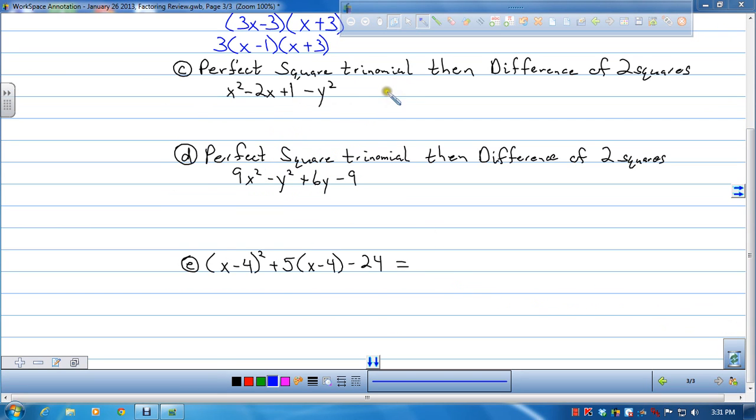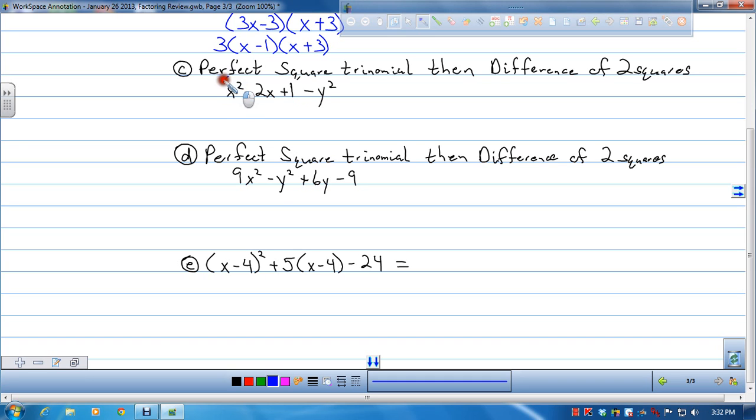Alright, perfect square trinomial, and then the difference of two squares. Okay, so let's first look here. What do I want to do? I want to look to group something. So here's what I would look at. I see these two contain an x, and then I have a 1 here.